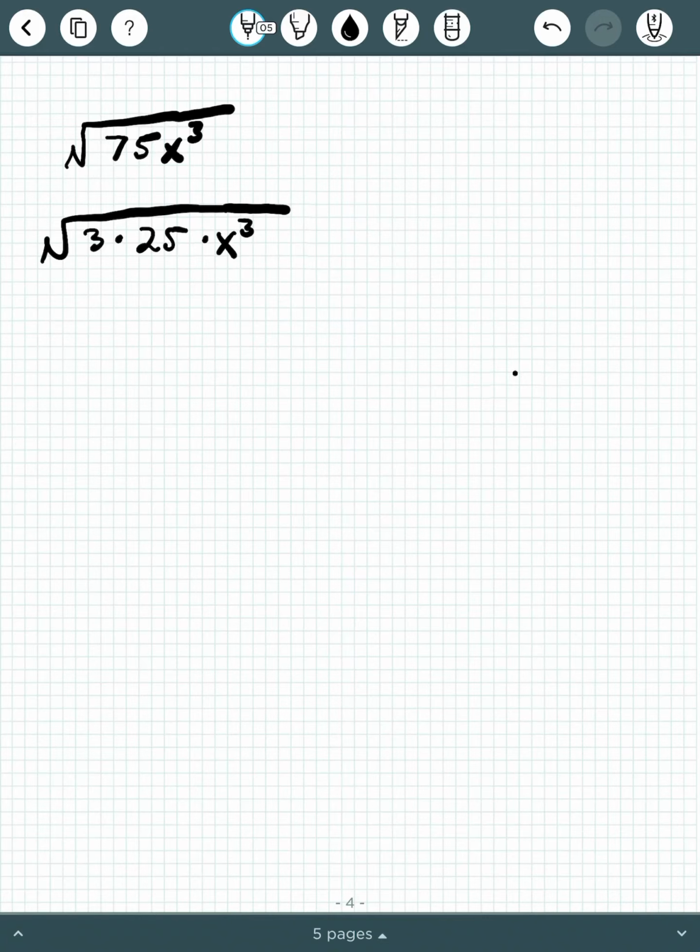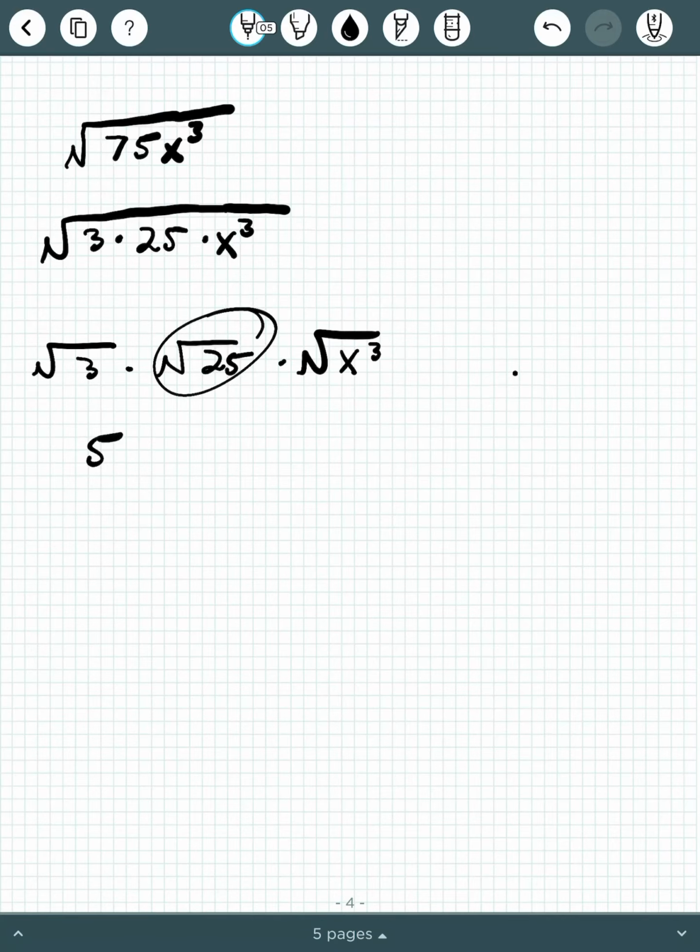Well, I handle the 3 and the 25 the same way. And we can also put x cubed under a square root like that. Well, I know 25 gives me 5, so it'll be 5 times the square root of 3.